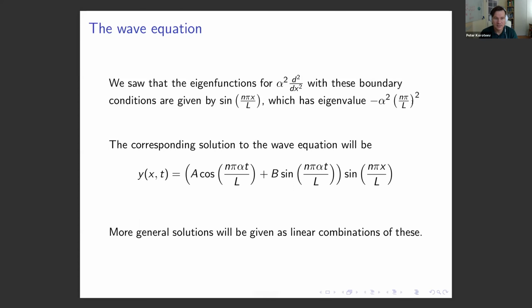So the corresponding solution to the wave equation must look like this. The time dependence is an oscillating behavior as expected, multiplied by oscillating behavior in x. And more general solutions will be given as linear combinations of those, which we can also put in a series.